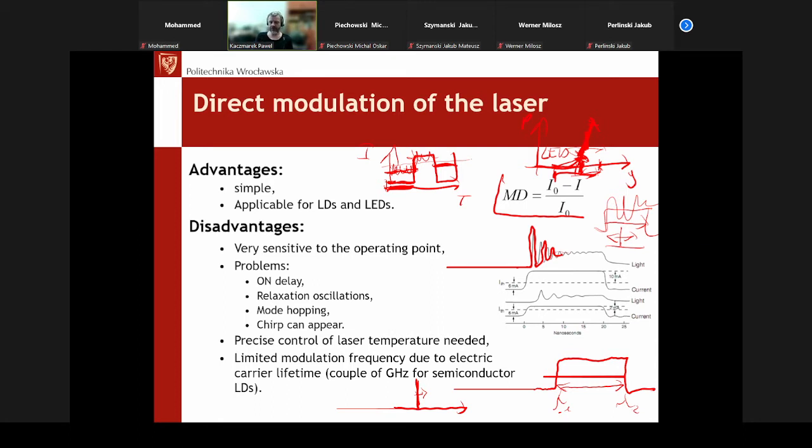The maximum frequency of such modulation is up to a couple of gigahertz, and we cannot go further. This is, let's say, a hard limit, which is built into the semiconductor and connected with the carrier lifetime in such a semiconductor. You can see these hard limits, for example, right now in the development of the microprocessor.